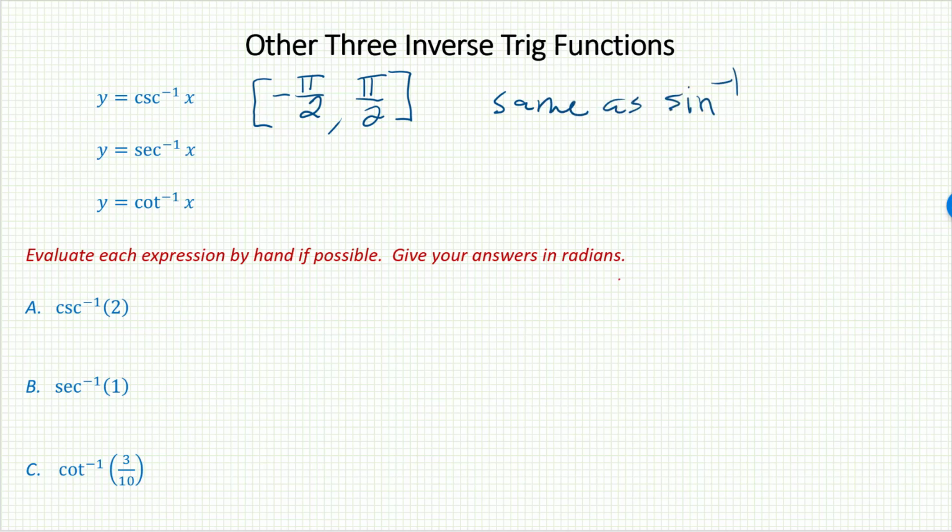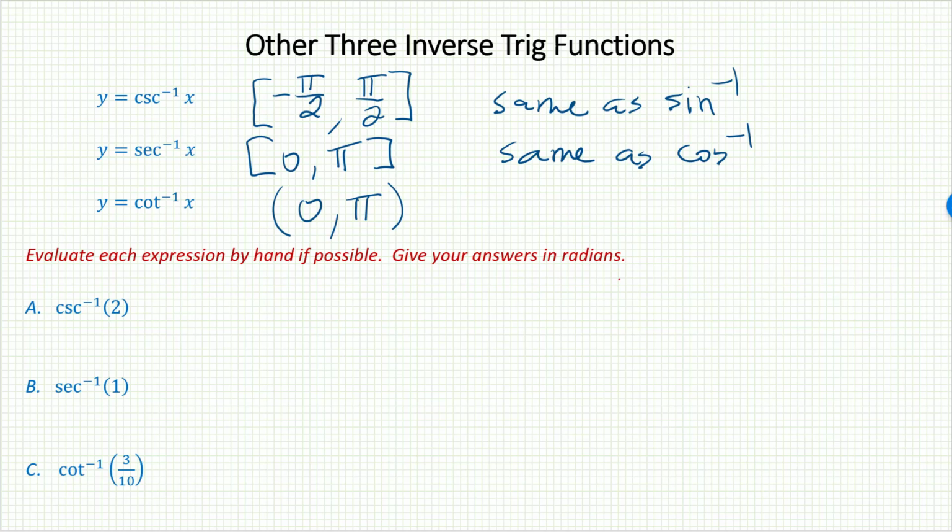The inverse secant function only knows about angles between 0 and pi. Once again, same as the inverse cosine function. The only one that's a little different is the inverse cotangent function. The inverse cotangent function also only knows about angles between 0 and pi.